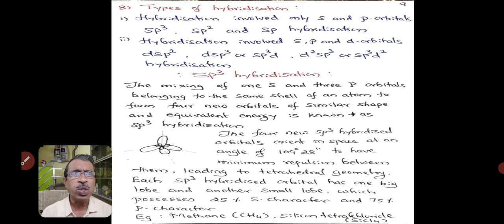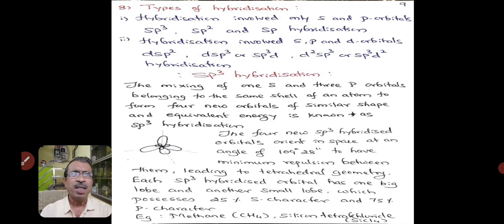In some of the molecules, the outer d orbitals, that is the 4s, 4p and 4d orbitals, or 3s, 3p and 3d orbitals, are involved in the hybridization. In such cases, the outer d orbital is involved. This results in sp3d or sp3d2 hybridization. Let us study in detail every hybridization.